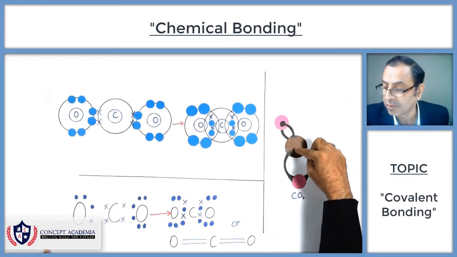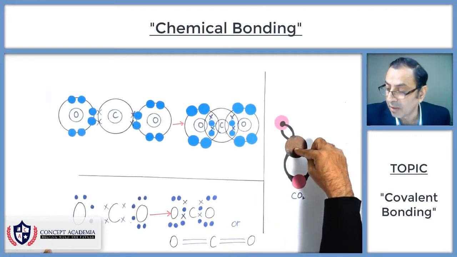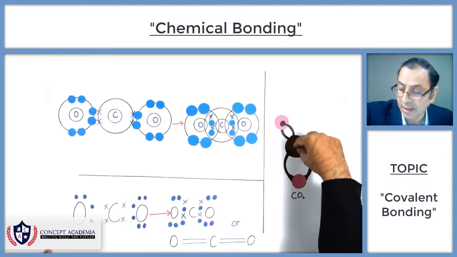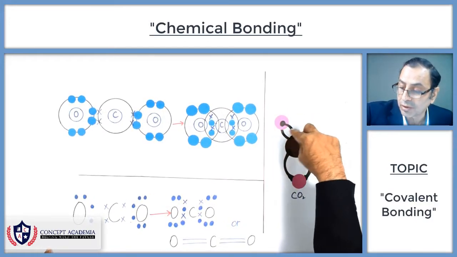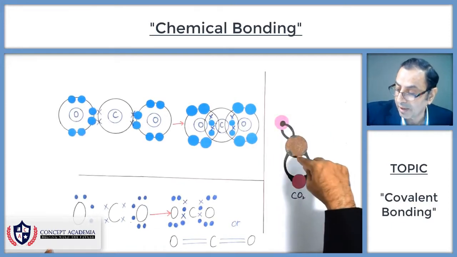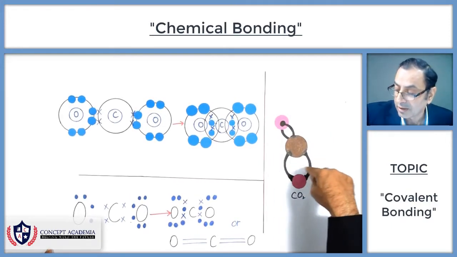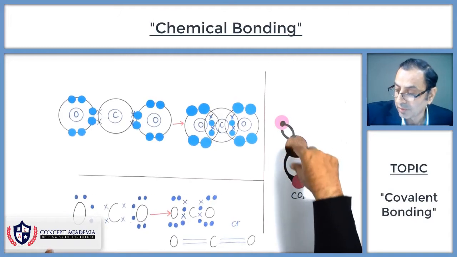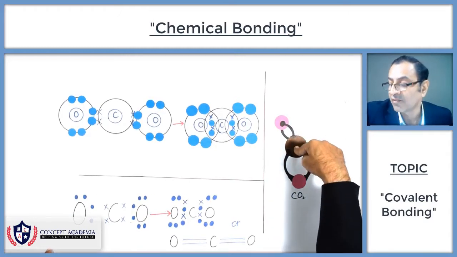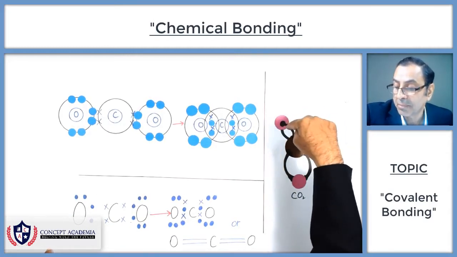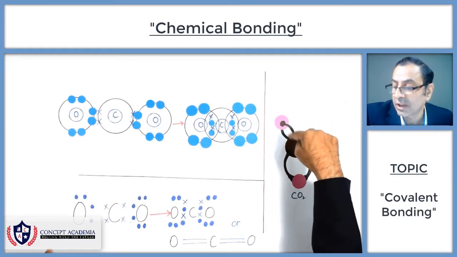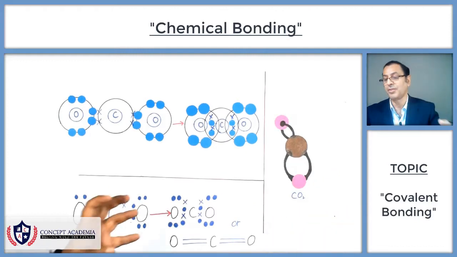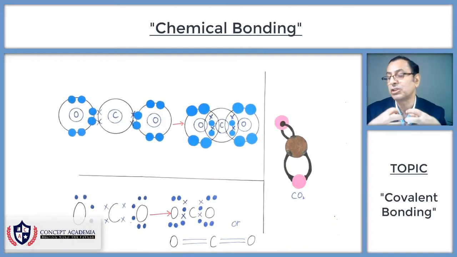The carbon nucleus is in the middle, and the double covalent bond between carbon and oxygen is shown by 2 lines, and similarly the second oxygen has a double covalent bond. The protons of carbon and oxygen attract the negatively charged electrons between them, and that is the binding force between them.